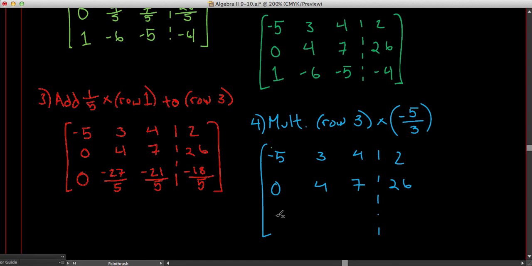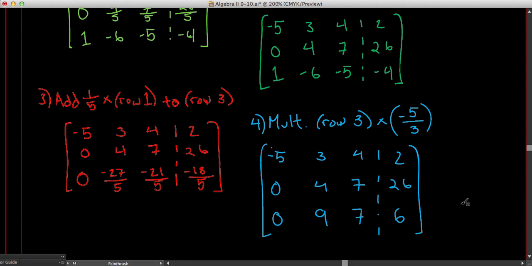And then the last row will be left as 0, 9, 7, and 6. Okay. So now we're getting a little bit closer to our identity matrix here.